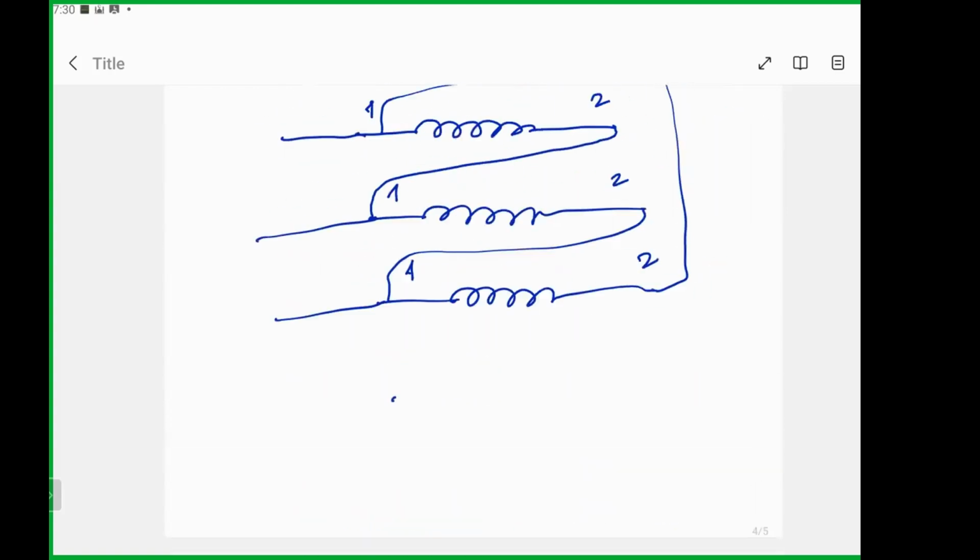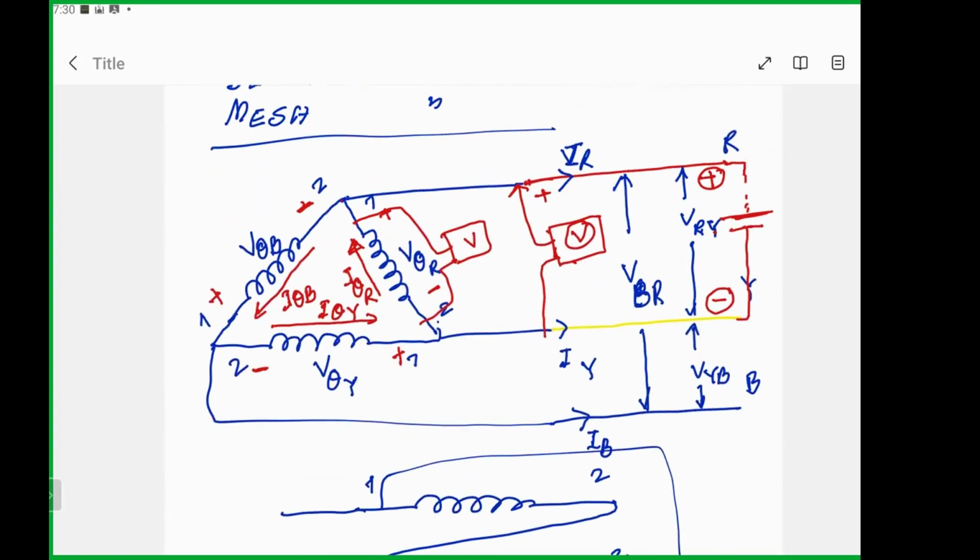Now, what about the current? If you take any node, let's say this node, this current IR is going outside, this current is I theta B, and this current is I theta R. So I theta R is entering and the other two currents are leaving.